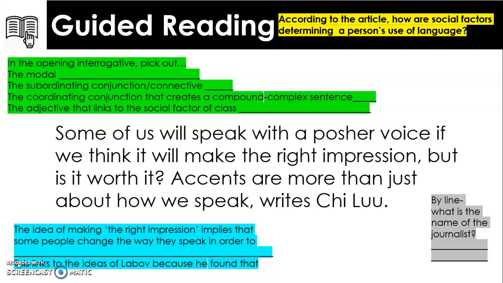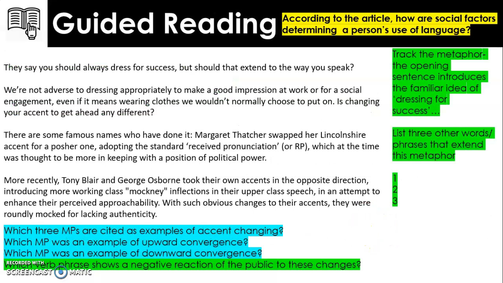So both Labov in the 1960s and now this article are suggesting that this pressure still exists, that there is still pressure on people to adapt the way they speak, to speak with a posher voice in order to make a particular impression. And this article goes on to explore this tension, and the reasons for it, in detail.